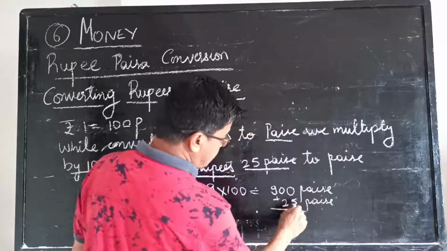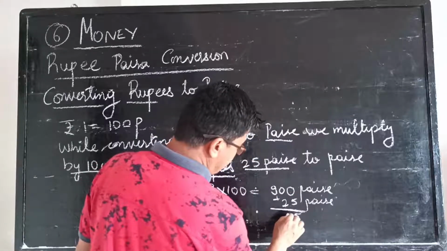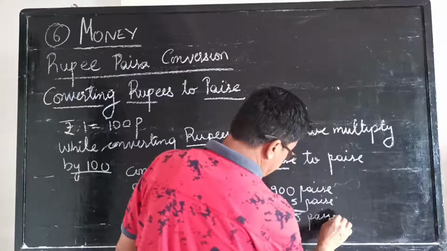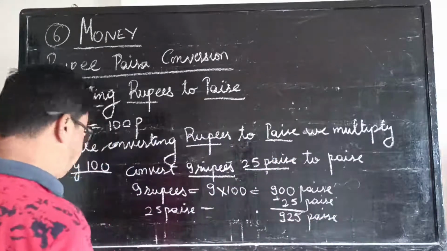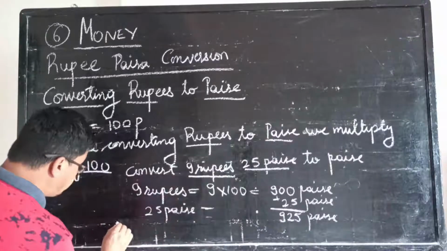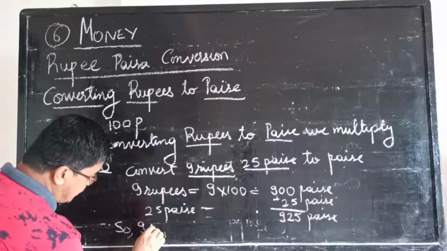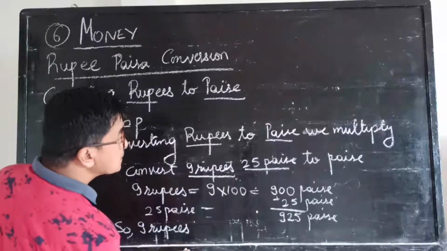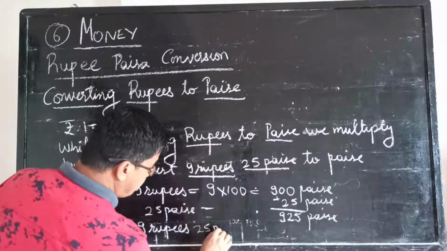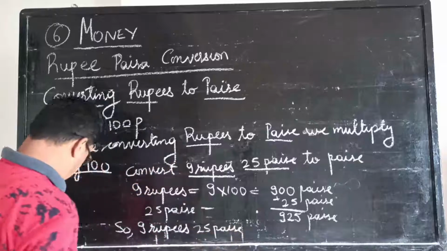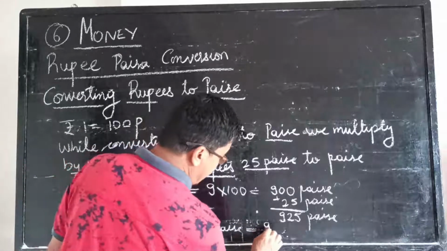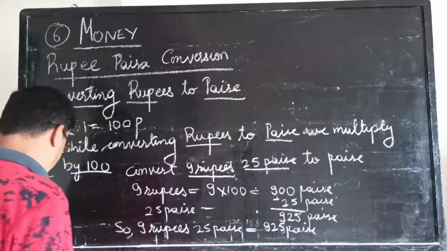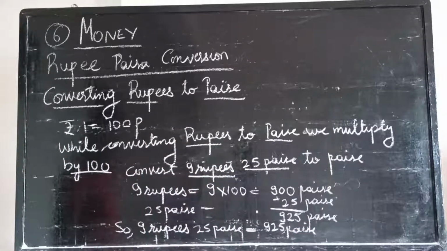Total: 0 plus 5 is 5, 2 plus 0 is 2, and 9. 925 paise. We got the answer. So 9 rupees 25 paise equals 925 paise. This way we can convert rupees into paise.